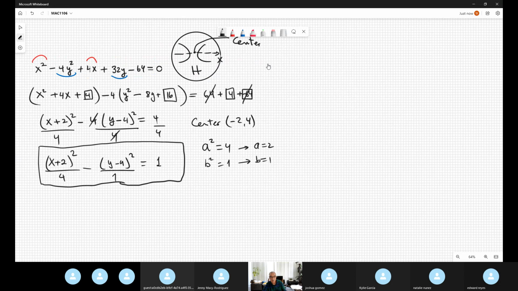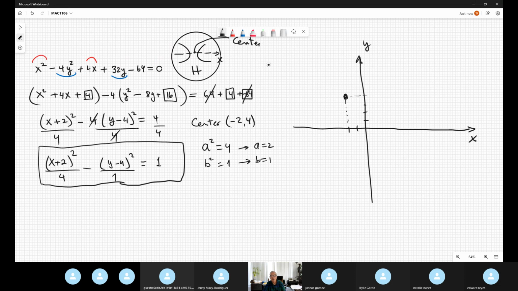This is our rectangular coordinate system. The center is located at the point negative 2, 4. 1, 2, 1, 2, 3, and 4. Here is the center.